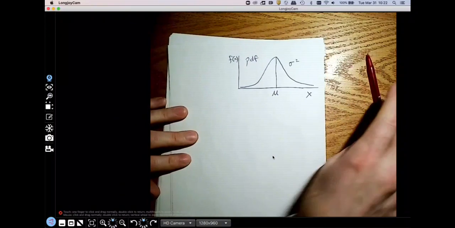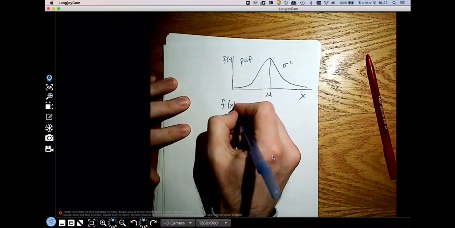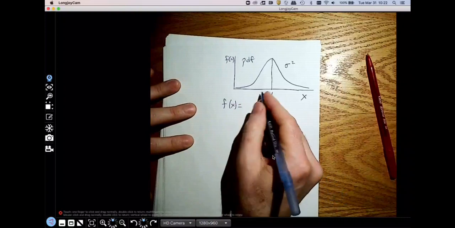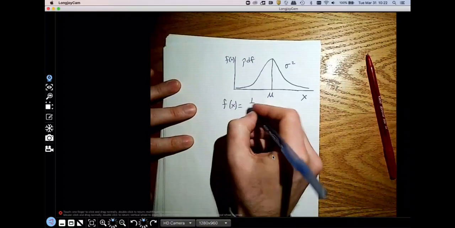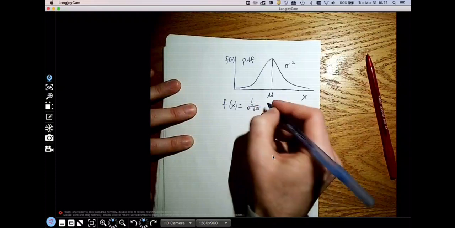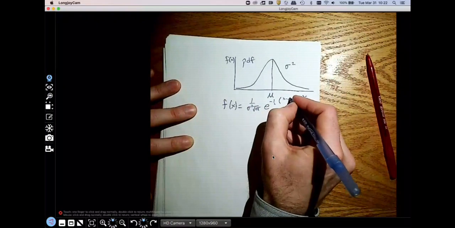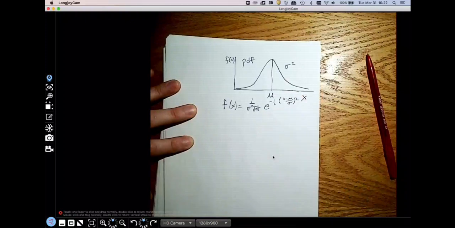I also want you to know how to find these PDFs in R. We can think about f at x as having a certain equation. In this case, it was 1 over sigma squared times the square root of 2 pi, e to the negative 1/2 times x minus mu over sigma squared.